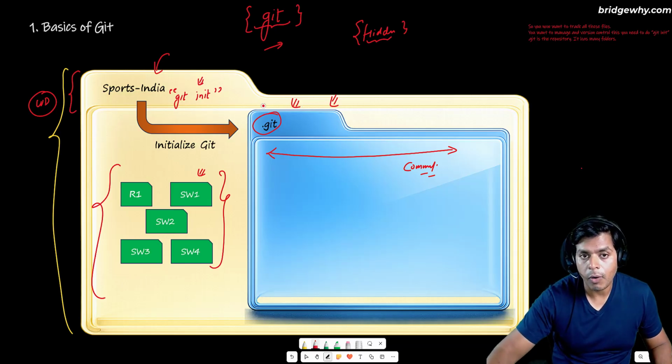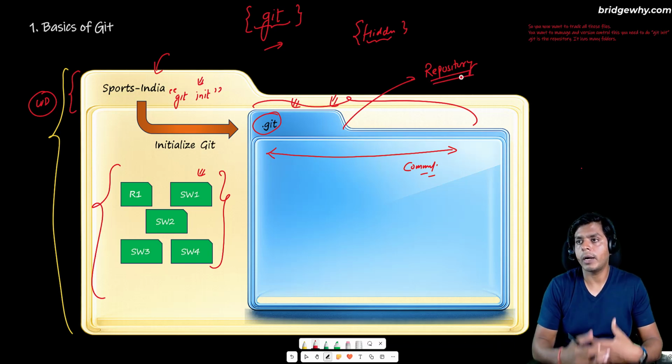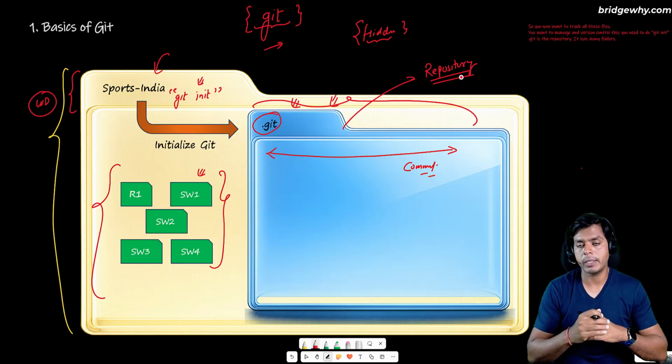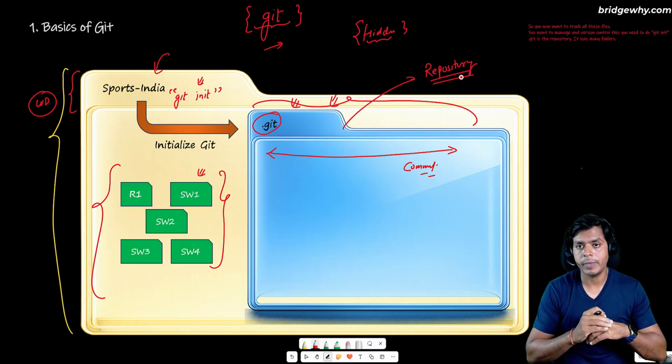And this blue folder is also known as a repository. Why repository? I think you have heard this name. The meaning is that you are storing your snapshots, your saved configurations, all the commits in this folder. That is why it is a repository.